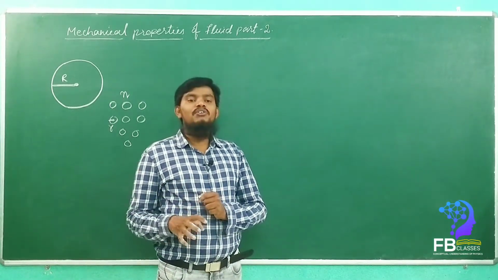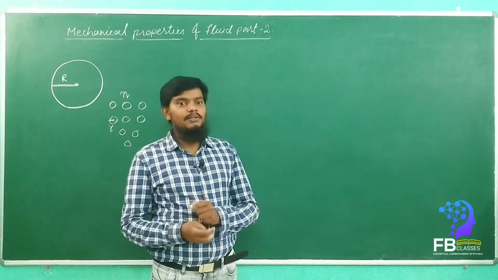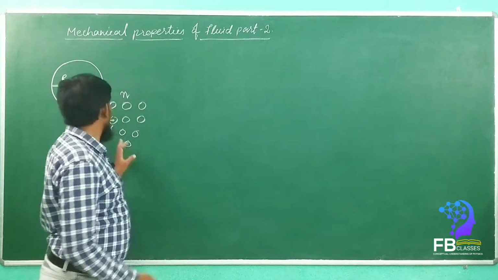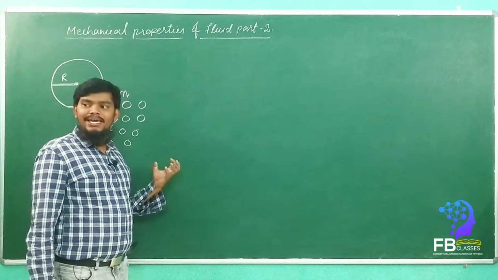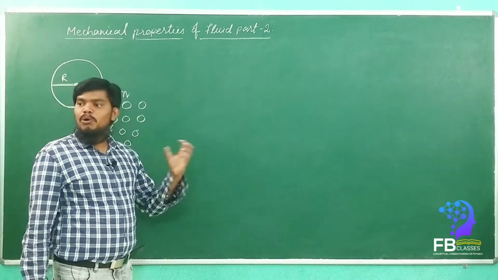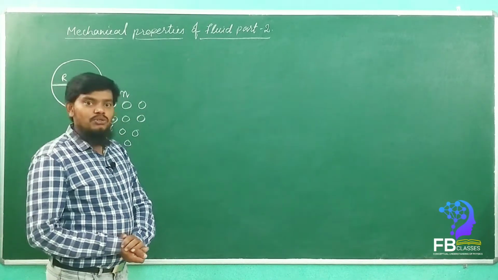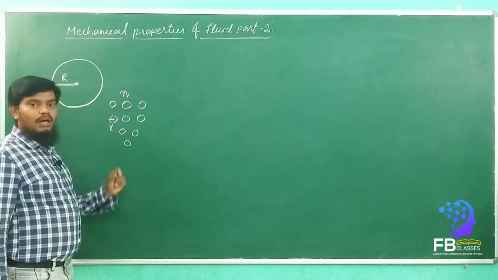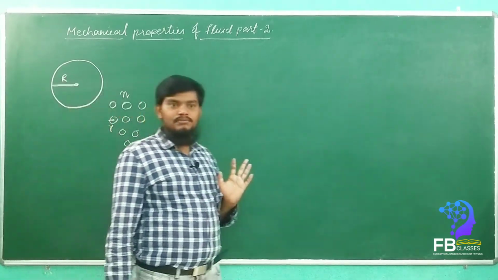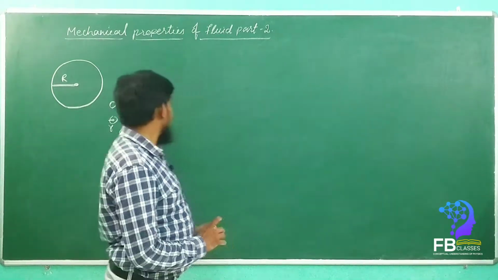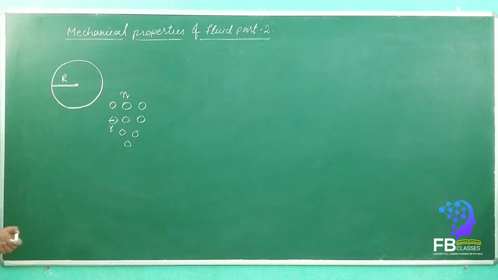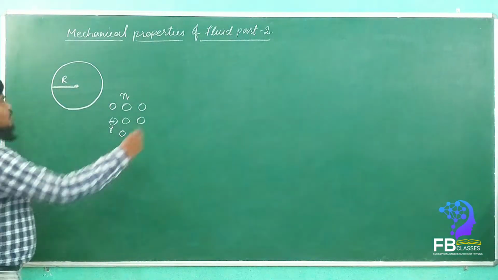Then he says to find out the work done by the external force to make n number of small drops, and also to find the small r value as well. Got it? So what is the question?